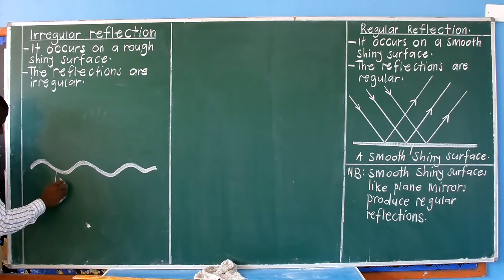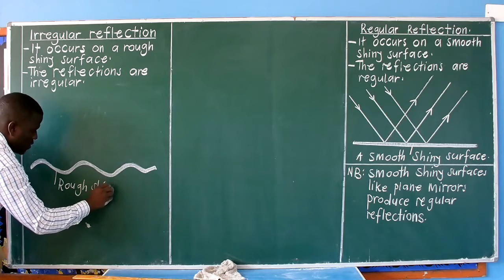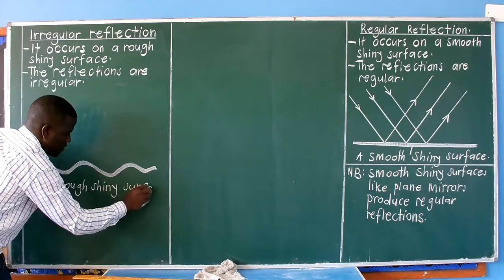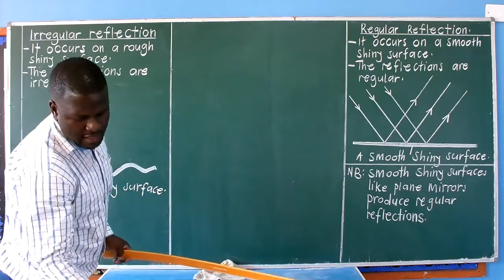This one is a rough, shiny surface. The rough, shiny surface will produce irregular reflections.